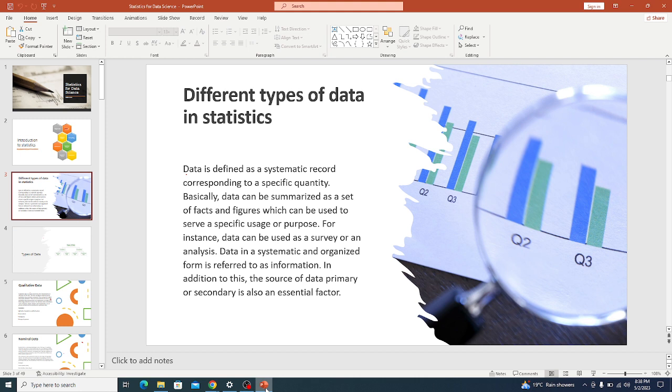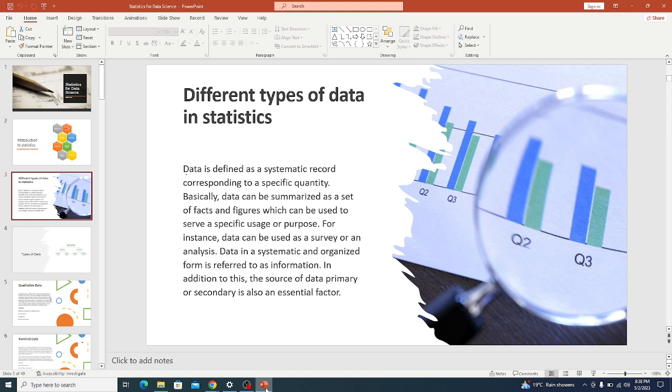It can also be a digital way to collect data, like when you are using Kobo Toolbox, an installed mobile application.